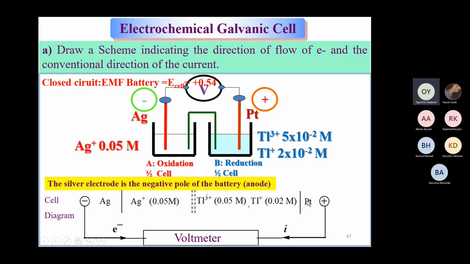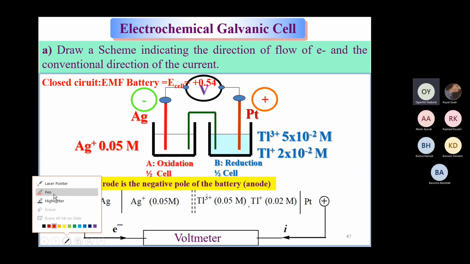Always the platinum, put it on the end. Remember, we have to separate the two liquids from a solid by a line. And for the tellurium, it doesn't matter if you put the plus or the 3 plus first, they don't differentiate at all, though it's better to write it the way that the equation is written.